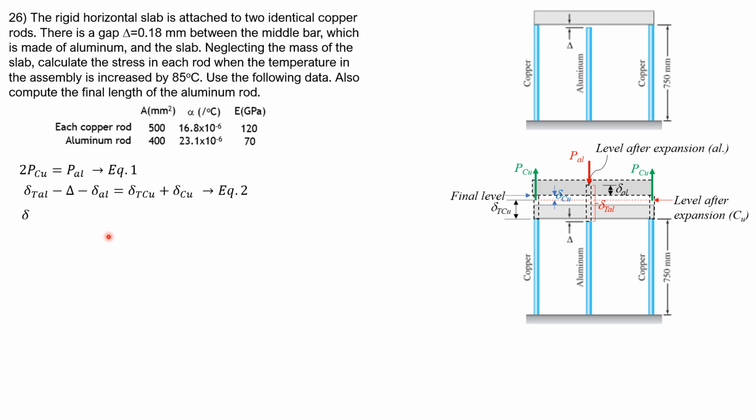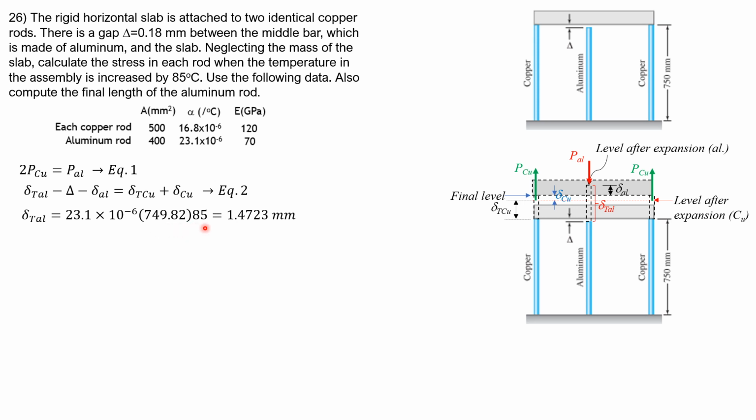So that's it. Then delta T aluminum is coefficient of thermal expansion 23 times 10 to the negative 6 times length, 749.82. You can use 750 if you want, but I'll just use the actual length, which is 750 minus the gap, 0.18. So 750 minus 0.18 is 749.82.